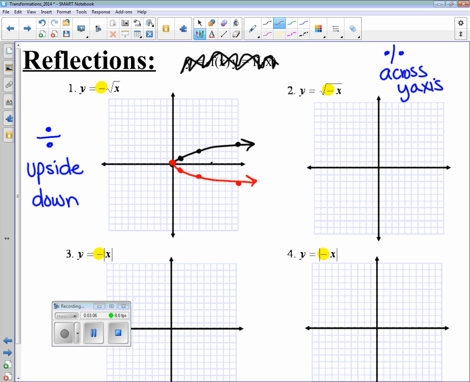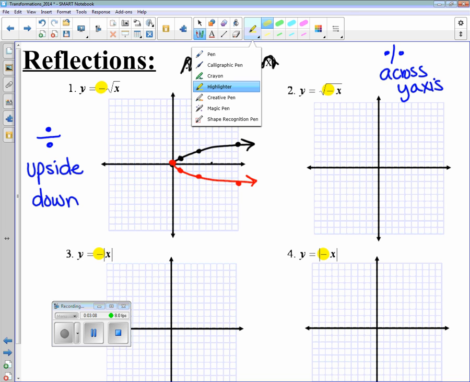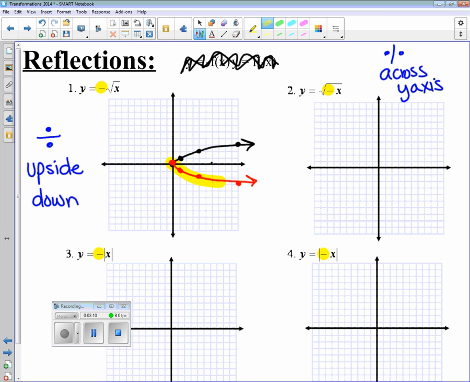So if you graph them together, the actual answer is what's highlighted. Only what's highlighted, because the black graph, the original parent function, is just where I started from.